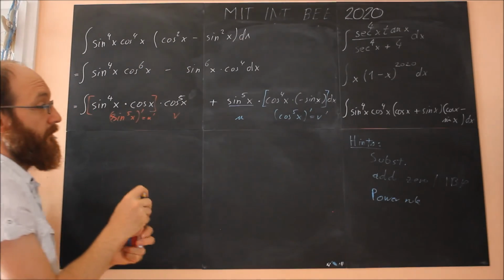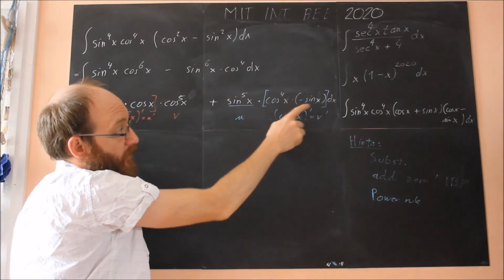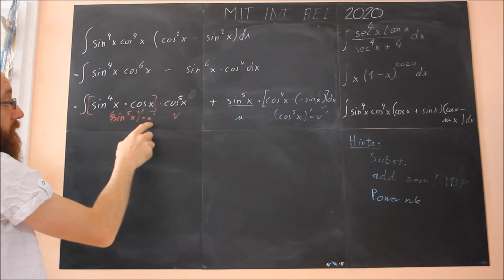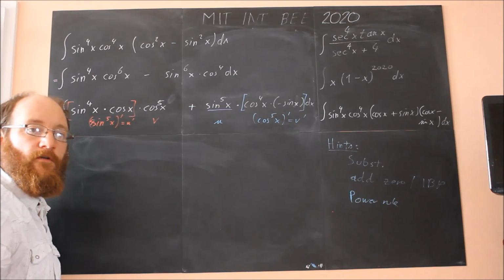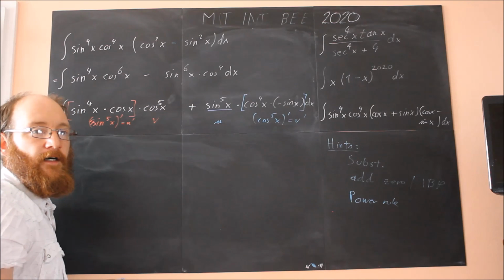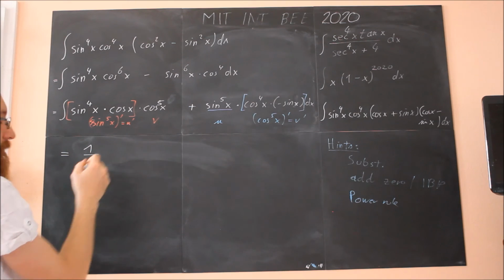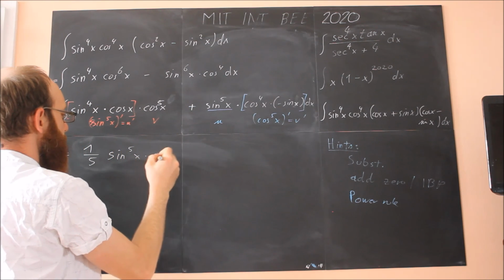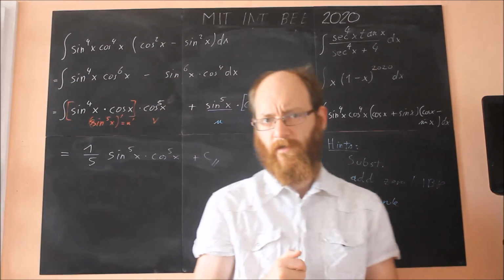Okay, and let's see, v is cosine to the fifth, and also u is sine to the fifth, and this is u prime up to a factor. This is exactly the product rule, and therefore the solution is 1/5 sine to the fifth times cosine to the fifth plus some constant. This is the solution to the last integral.